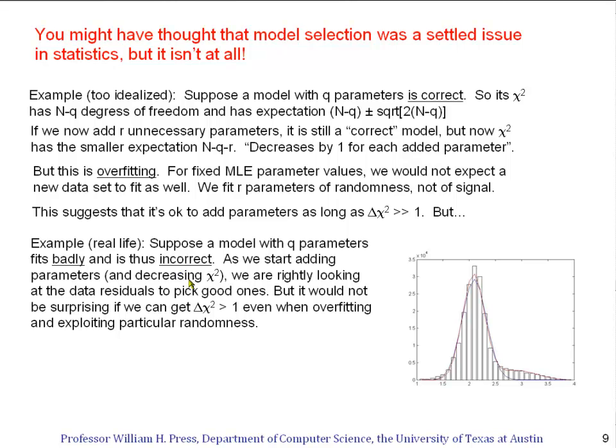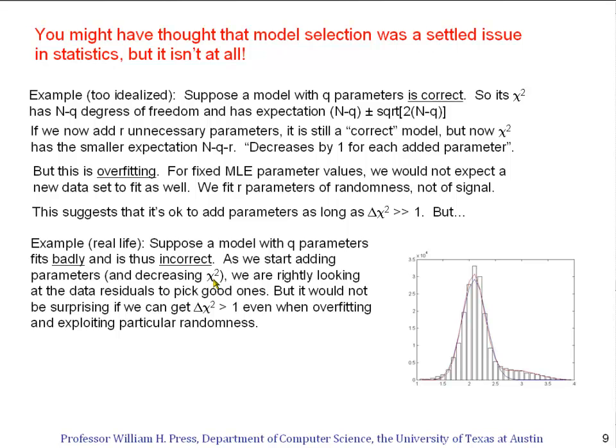As we start adding parameters and decreasing chi-squared, we're rightly looking at how the model is failing as guidance for what kind of new parameters we should add. Do we see that there's a third component, so we should add a new Gaussian? Do we see that the tails are wrong, so that we should do what we've been doing with Student's t-distribution?